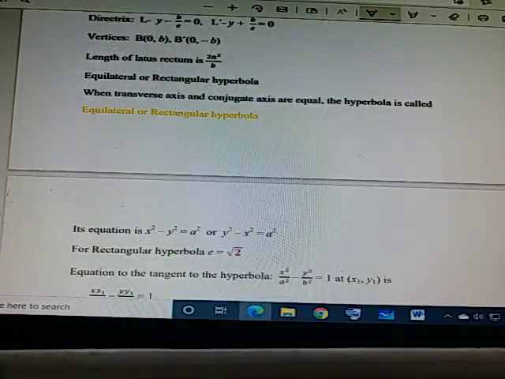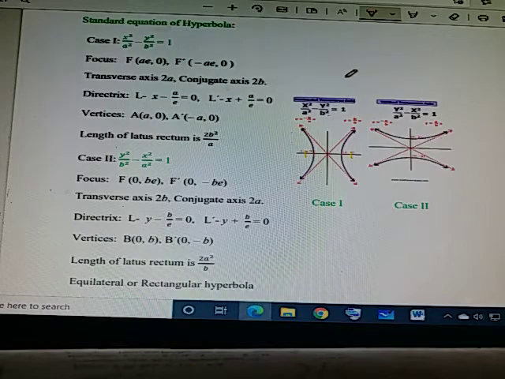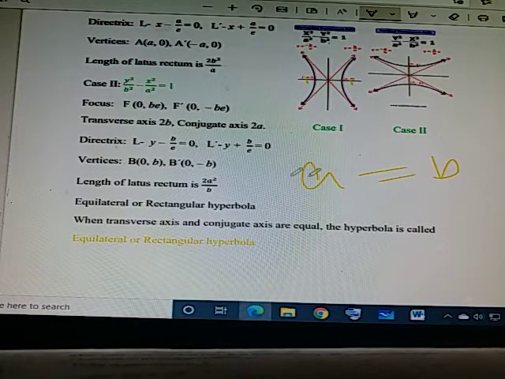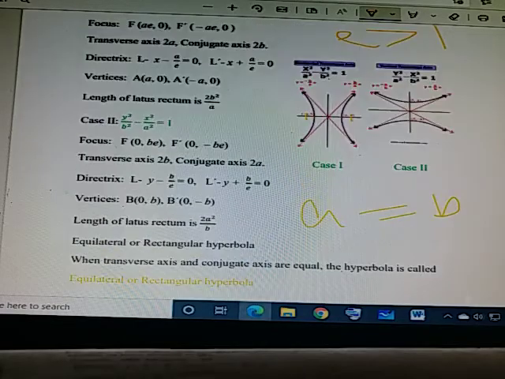And there are examples, and there is the rectangular hyperbola. So here e is greater than 1. When a is equal to b, then what is e?